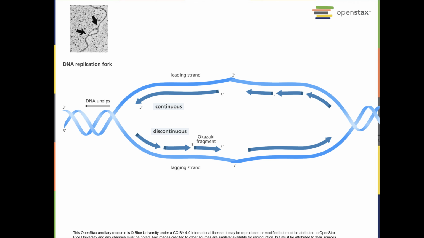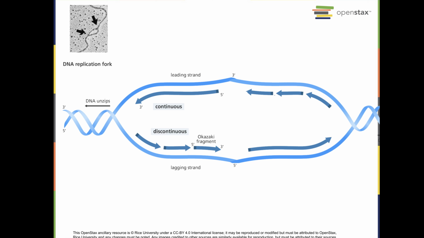DNA can only be copied from the 5' end to the 3' end, which means that it must be read from the 3' end to the 5' end. You can see on the top of this replication loop that the arrow is running 5' to 3', but the strand that it's reading runs from 3' to 5'. It's important to note the difference.